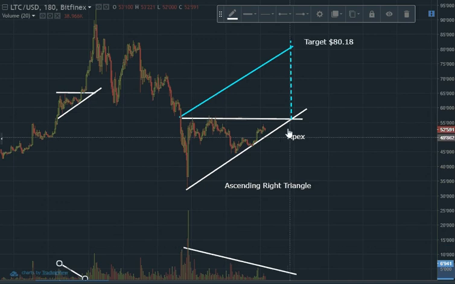So we should see that as the price gets closer to the apex, if this pattern works out. It is not 100% correct. If it was, this pattern would be so predictable that everyone would use it and only one person would own all the cryptos. That's not how technical analysis works.